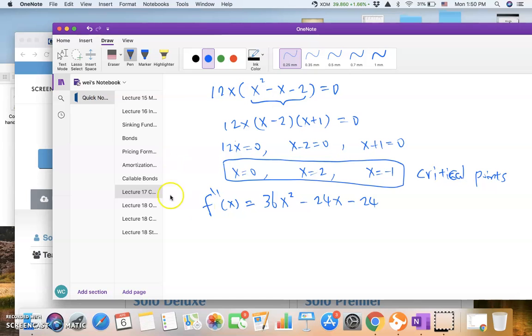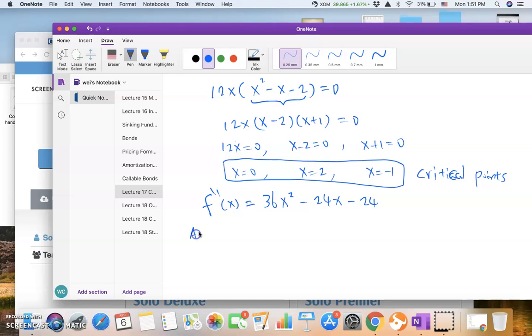Now we plug each of these three points into the second derivative. If the second derivative is positive at those points, the function is going to have a local minimum at that point. If the second derivative is negative, then the function is going to have a local maximum at that point.